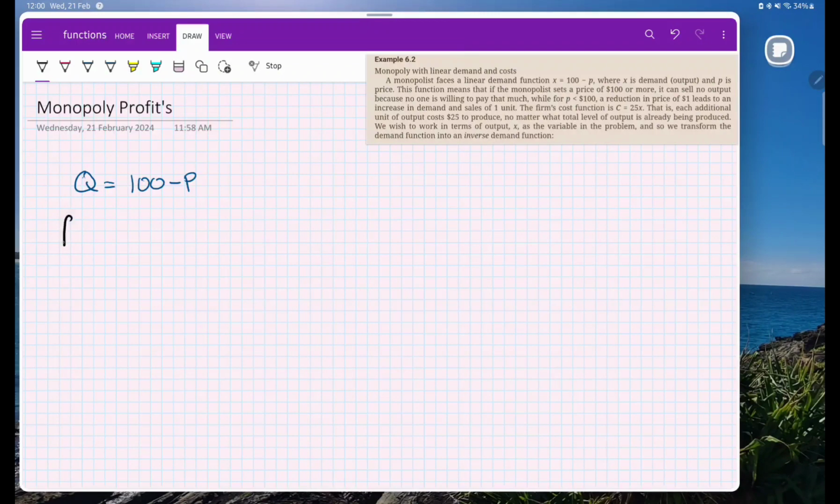So another way you could write this is f of p is equal to 100 minus p, where f of p is equal to q, which means p is our independent variable. We want p to be our dependent variable.